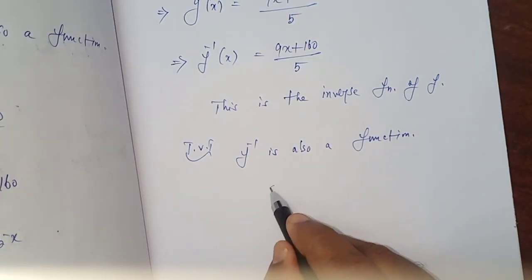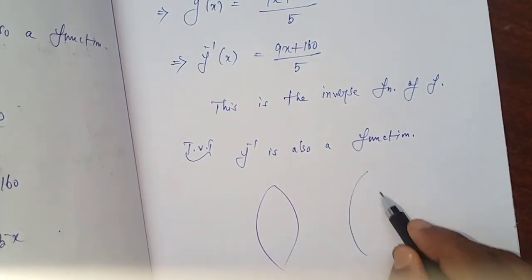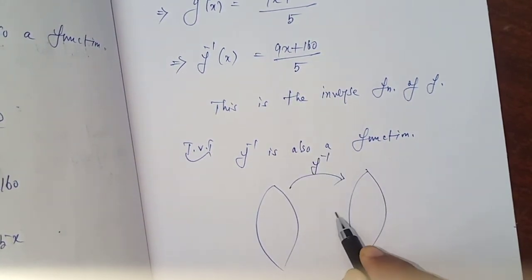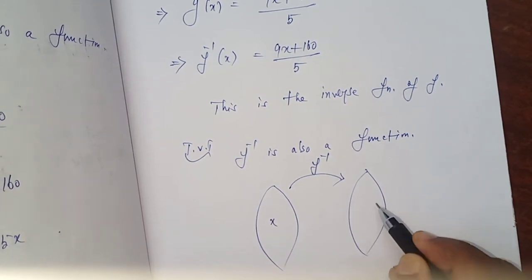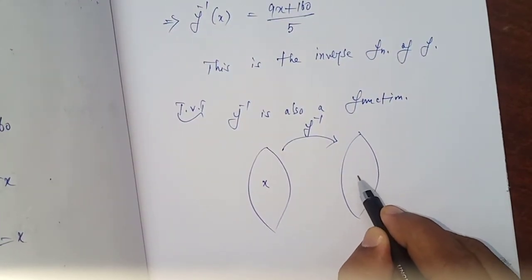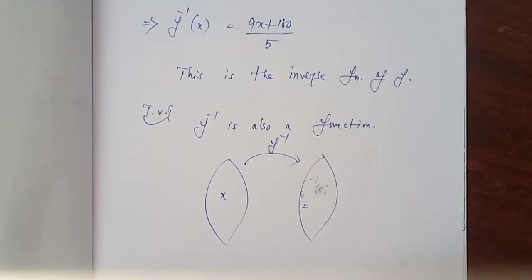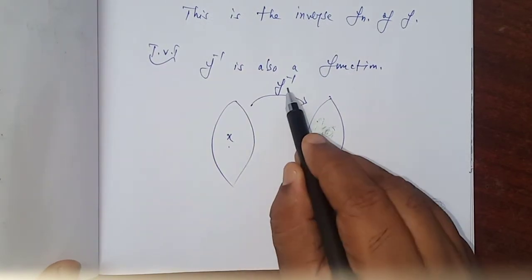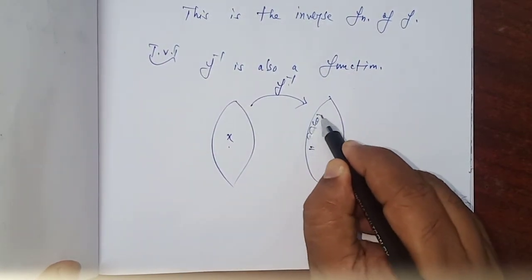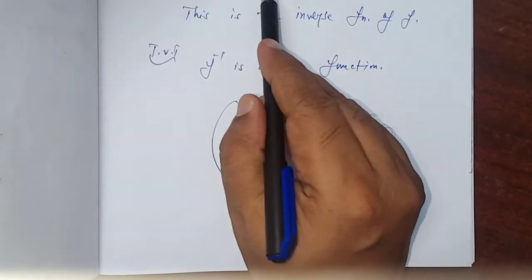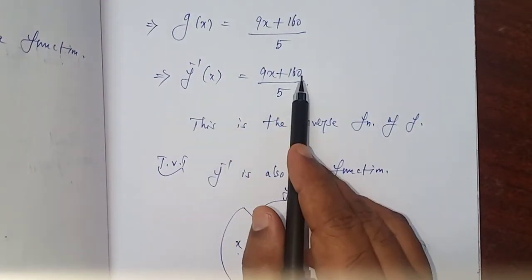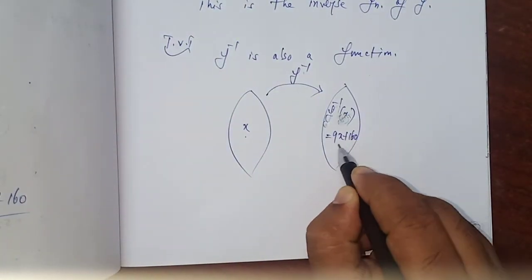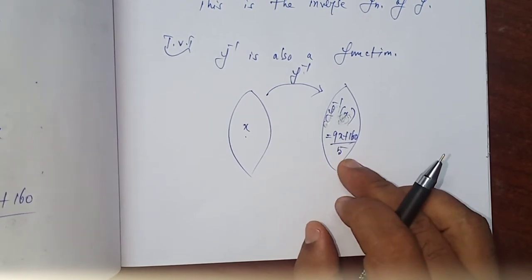We can go for the arrow diagram. f inverse maps x to y. x is in the domain, and f inverse of x, which is 9x plus 160 divided by 5, is in the codomain.